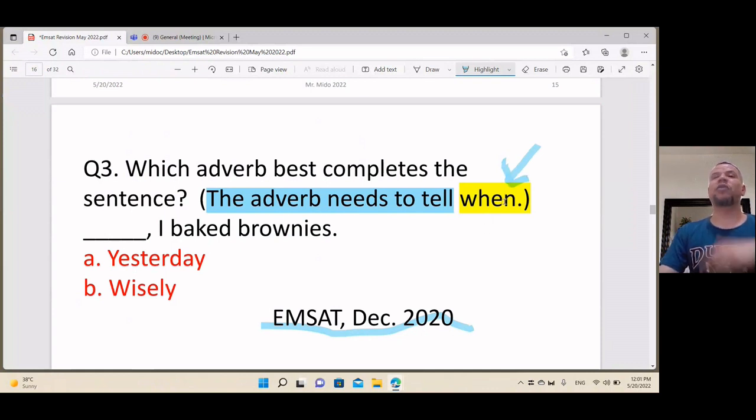I need an adverb of time. Both are adverbs. Yesterday is an adverb, wisely is an adverb. So which one is better? It's yesterday. Why? Because he said when. He said adverb of time. So yesterday is an adverb of time. Tomorrow is an adverb of time. Today is an adverb of time.